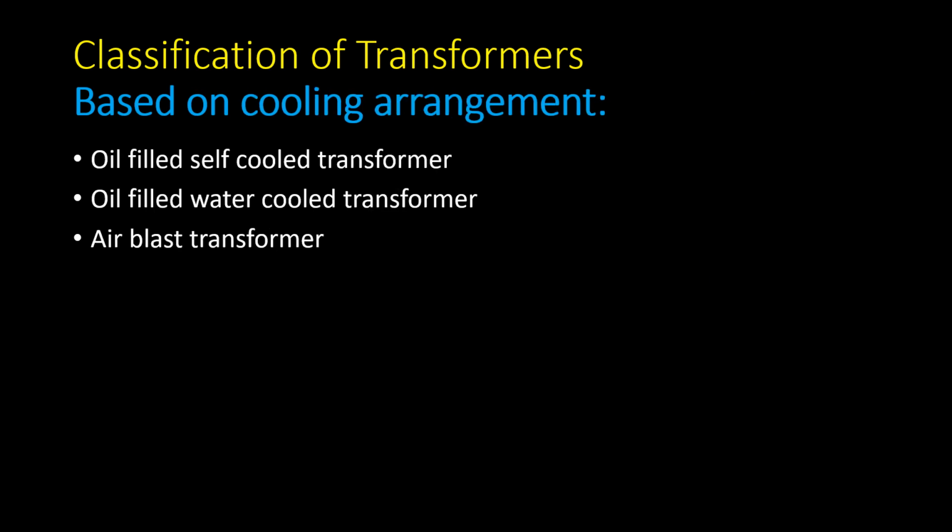Another means of classifying the transformer is based on cooling arrangement. So we have the oil-filled self-cooled transformer, the oil-filled water-cooled transformer and the air blast type transformer. In case of small and medium size distribution transformers, as distinguished from line transmission, we have the oil-filled self-cooled type.